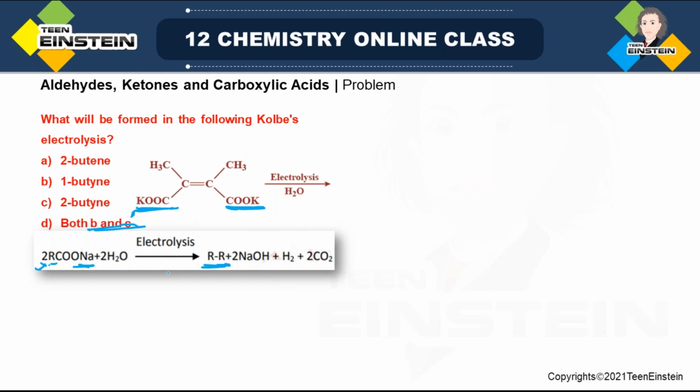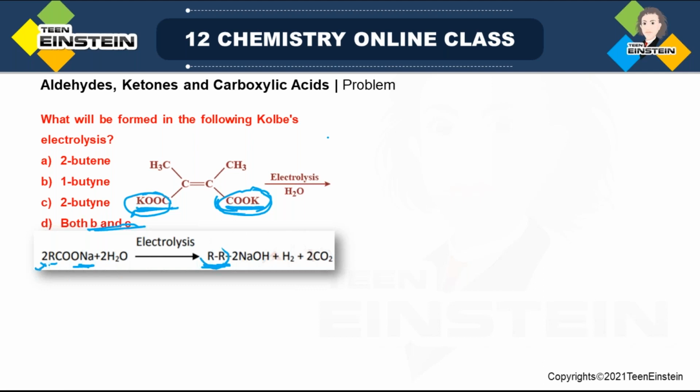Now if it is normal RCO2Na, 2 R groups connect together and you get the product, right? But if it is in the same compound, then what will happen? Obviously these 2 parts will be removed.